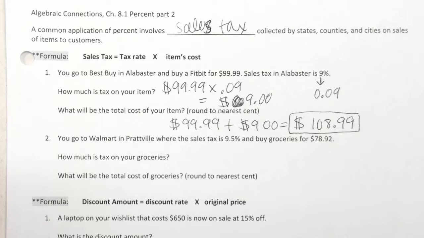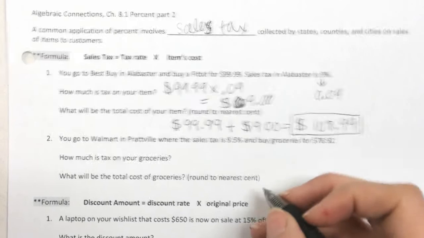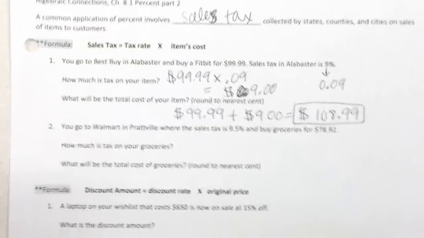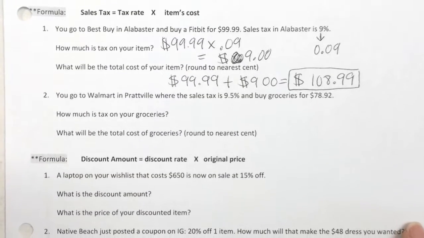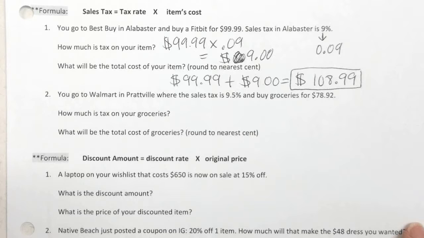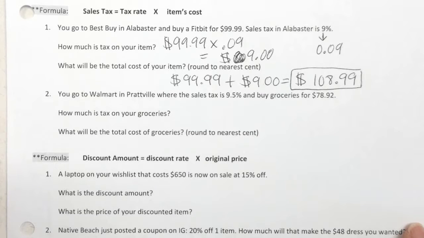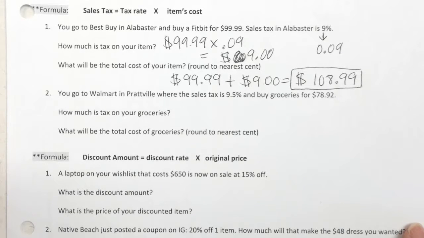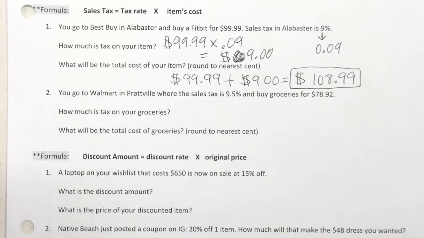All right, Austin, go ahead. Go ahead and read it first. You go to Walmart in Apple where the sales tax is 9.5% and buy groceries for $78.92. How much tax is on groceries?